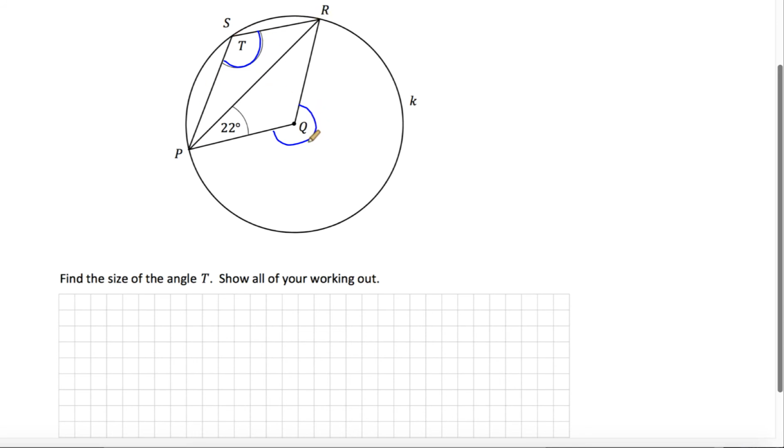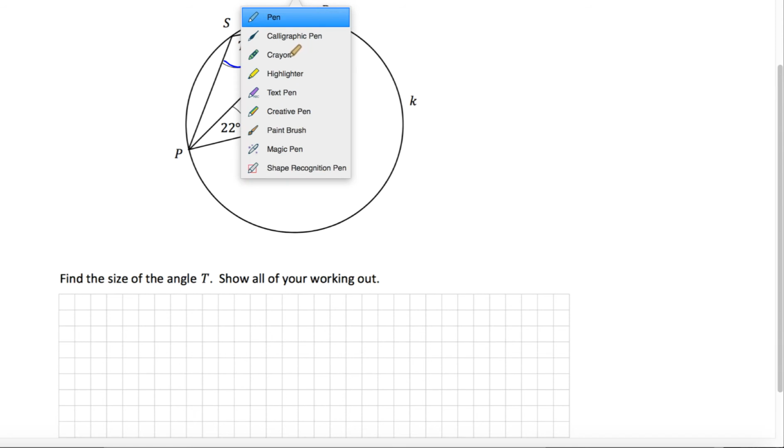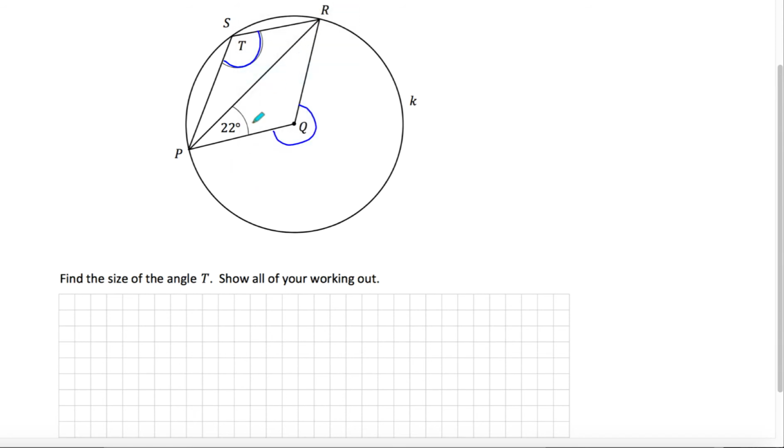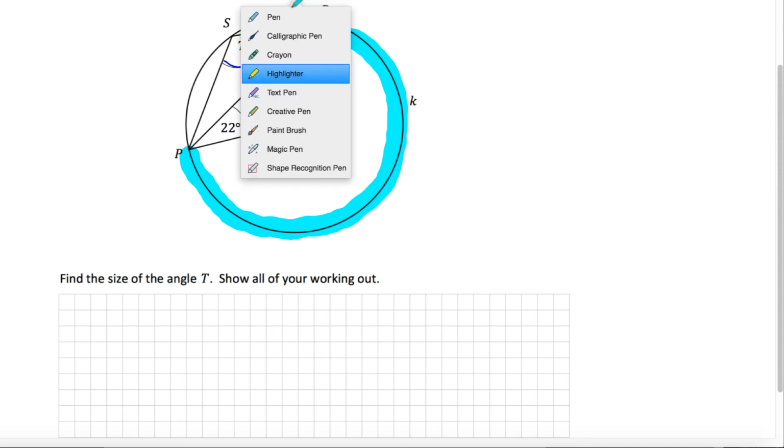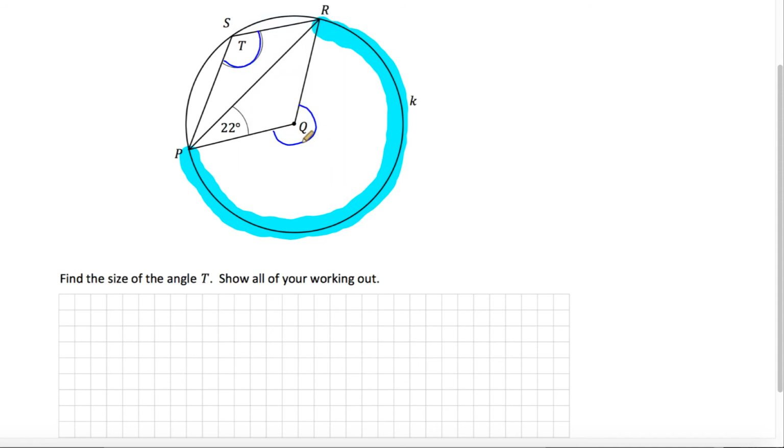So the angle at the center is twice the angle at the circumference standing on the same arc. Okay, and the arc there, just to make it clear, it's hard to see because it's a reflex angle, but the arc in this case is this arc. So because they're both standing on this arc, this angle here in blue is 2 times this angle here at T. Okay, so that's the circle theorem that I've spotted.